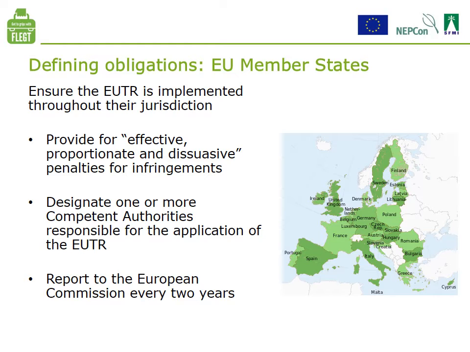In line with this, each state must set rules on penalties for infringement of the regulation. The penalties that each member state sets are required to be effective, proportionate to the infringement, and dissuasive. Each member state must also designate at least one competent authority to be responsible for the application of the regulation. I will speak about the obligations of competent authorities on the next slide.